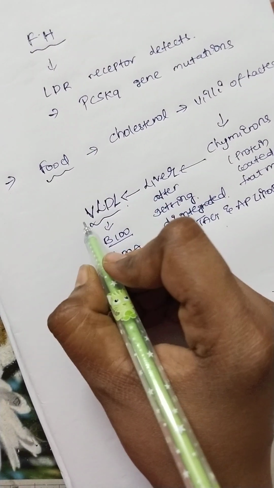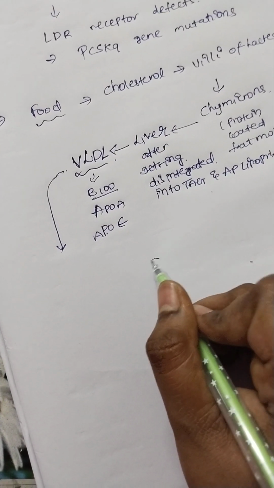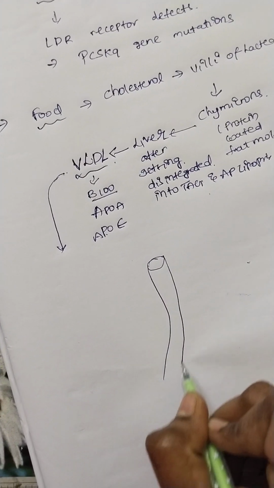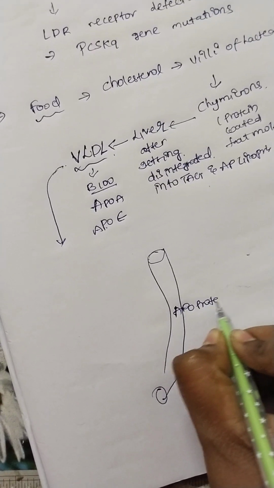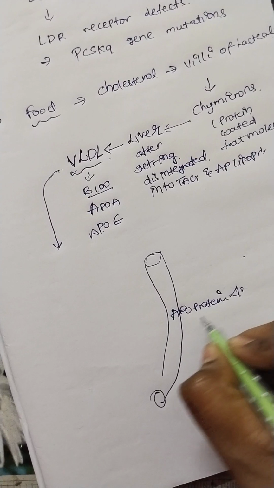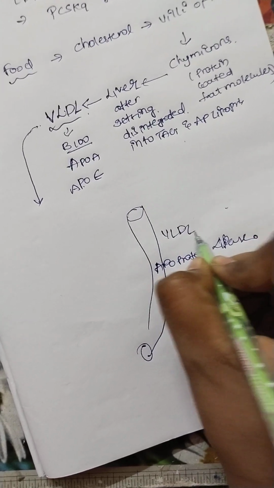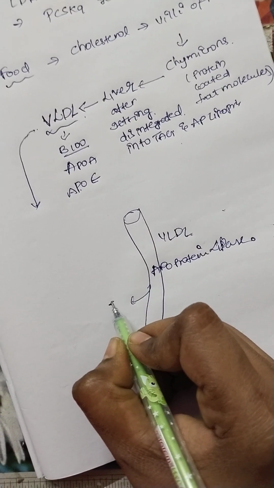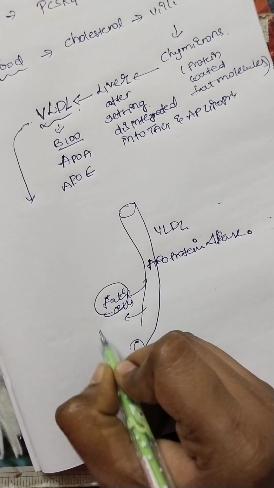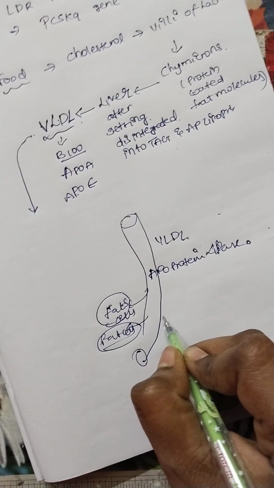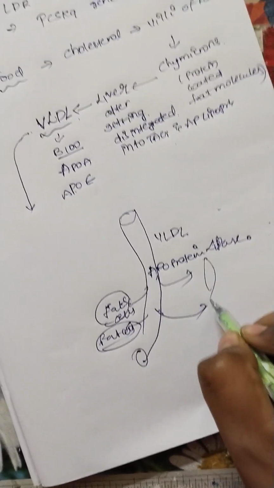So this is VLDL. After that, this VLDL enters into the bloodstream. In this, one enzyme is lipoprotein lipase, so there is a breakdown of VLDL, and this triacylglycerol and cholesterol will provide energy to the skeletal muscles.